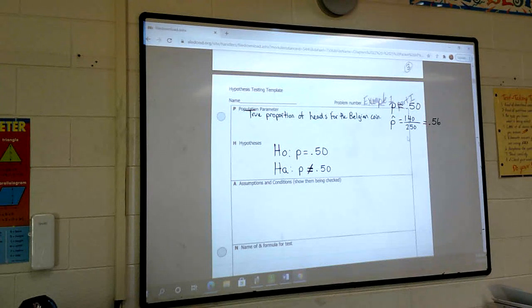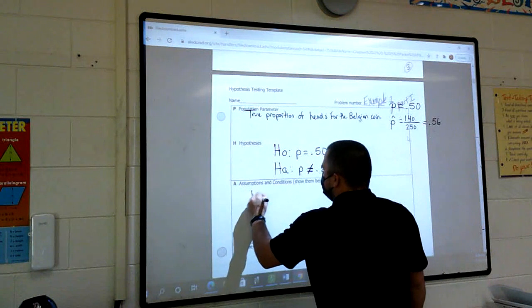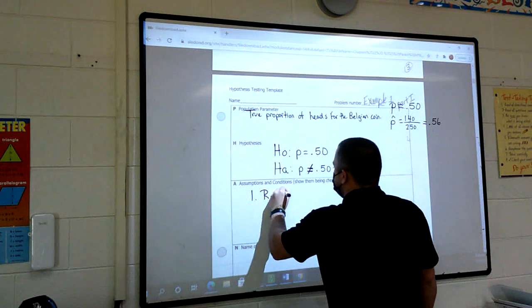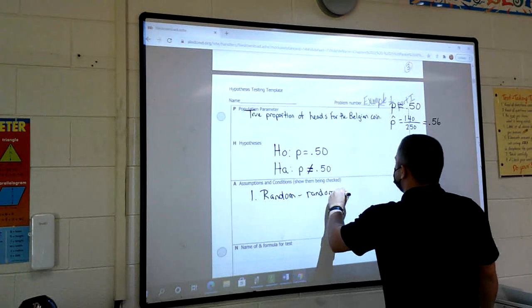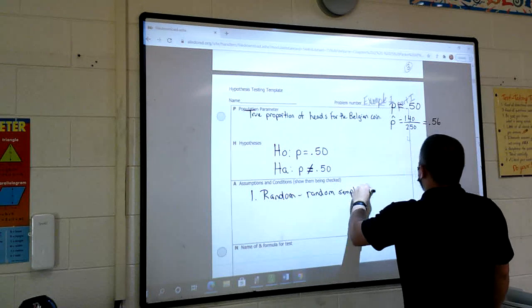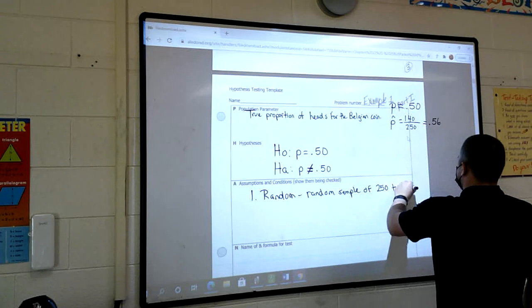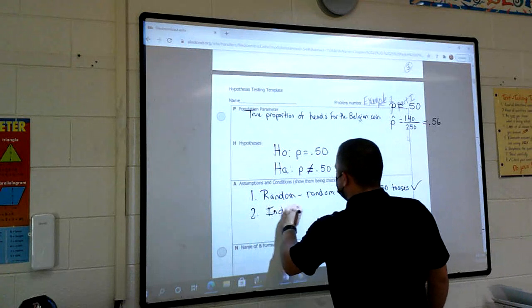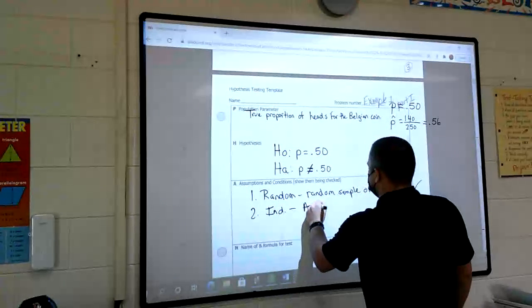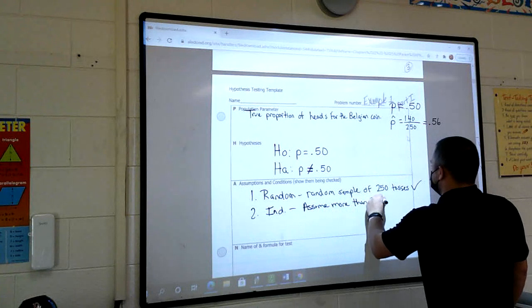All right, so we got our assumptions and conditions. Number one is random. So we need a random sample of 250 tosses, I believe. Check. Number two, independent. Assume more than 2,500 tosses.